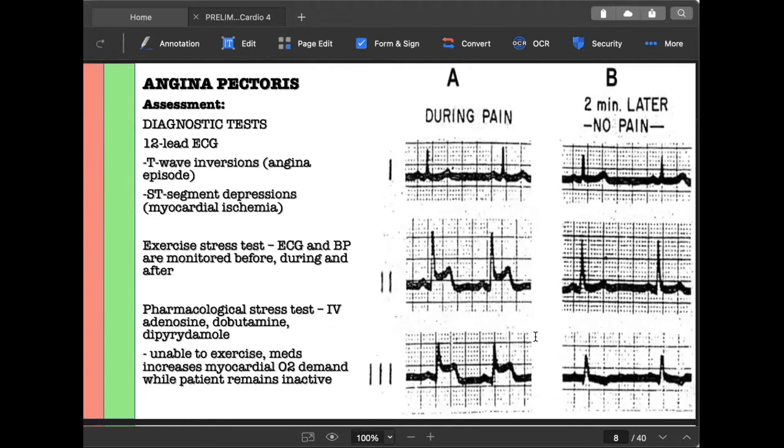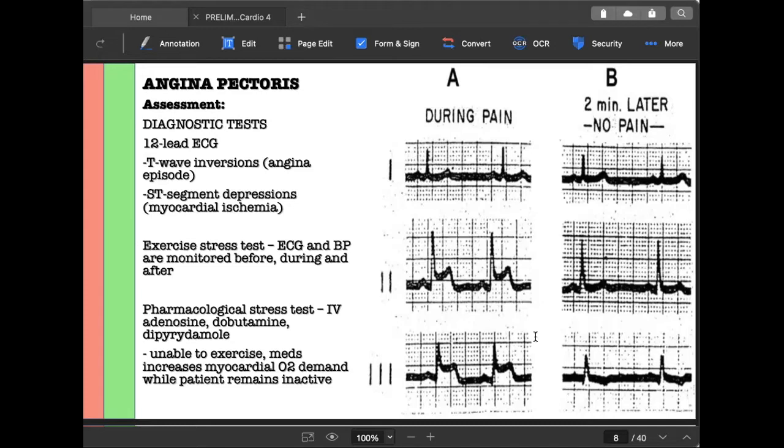So if the patient is still complaining of chest pain or angina pectoris in the emergency room or in the OPD, they will be undergoing diagnostic tests, and one of which is the 12-lead ECG, which you already performed and did your return demonstration in your RLE subject.